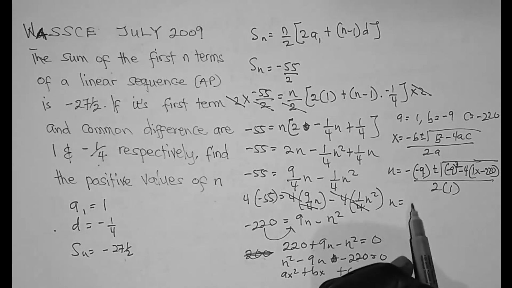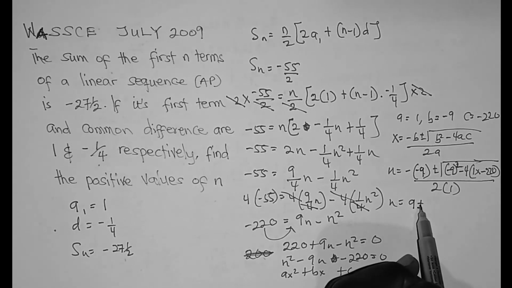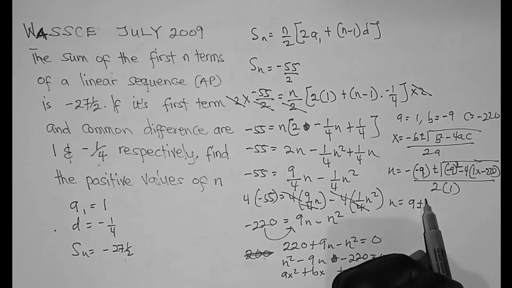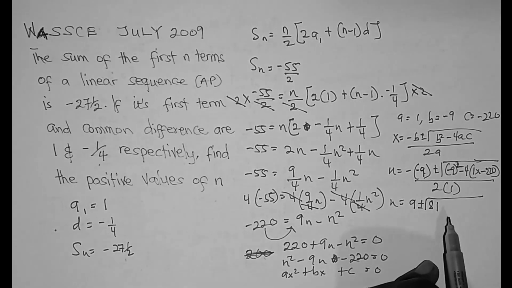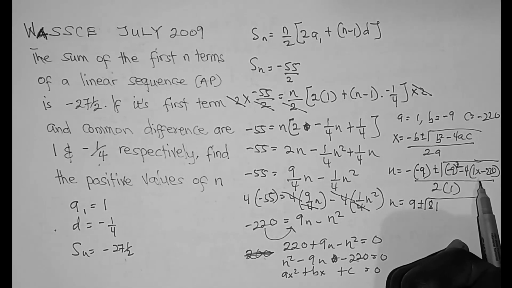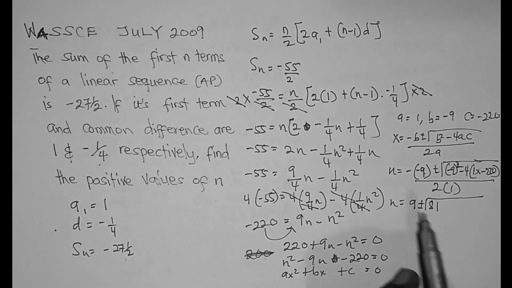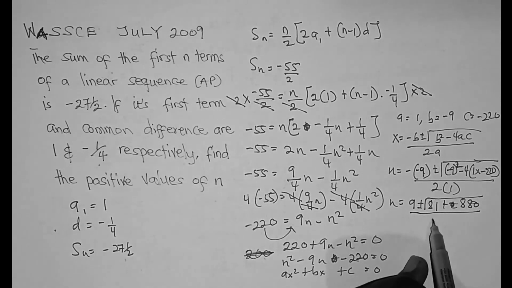So n is equal to minus 9 is 9 plus or minus square root of minus 9 squared is 81. Then minus 4 times 1 is minus 4 times minus 220 equals plus 880, divided by 2 times 1 is 2.